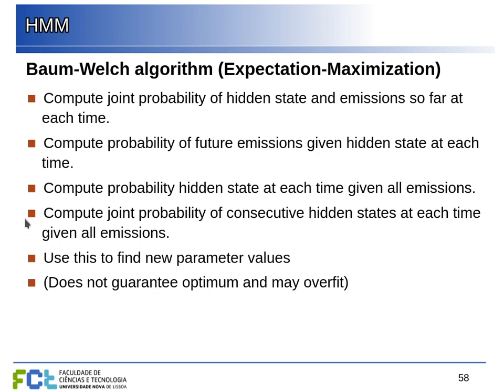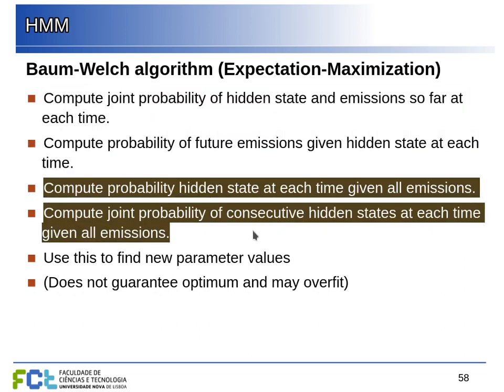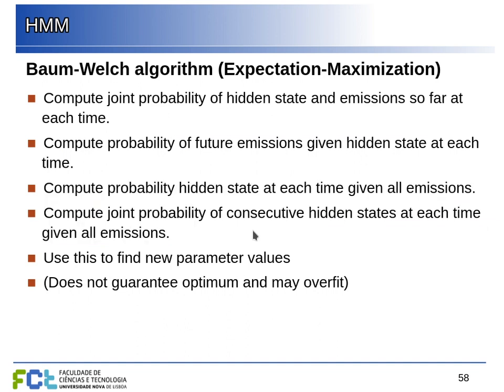So this basically allows us to create the likelihood function by estimating these probabilities, and this likelihood function will depend on the parameters of the hidden Markov model.